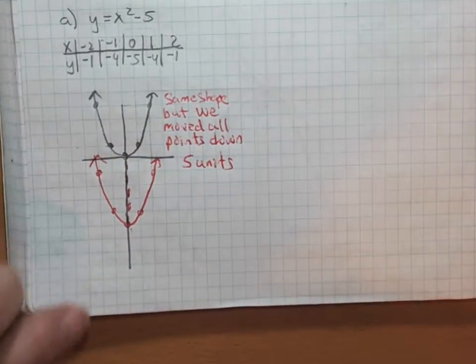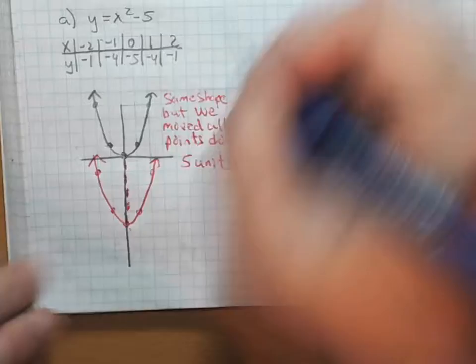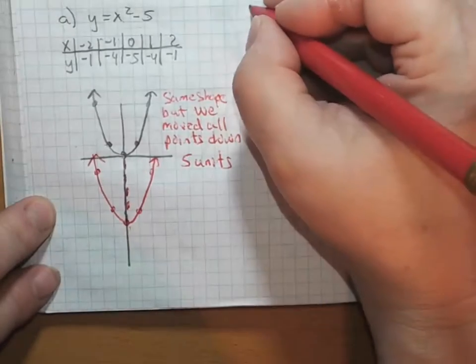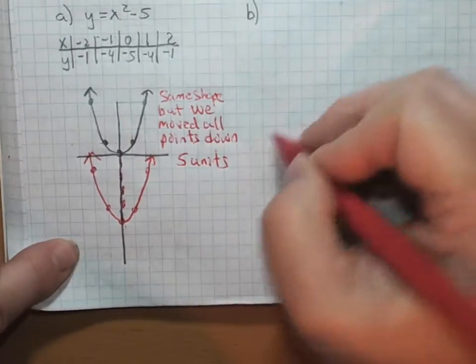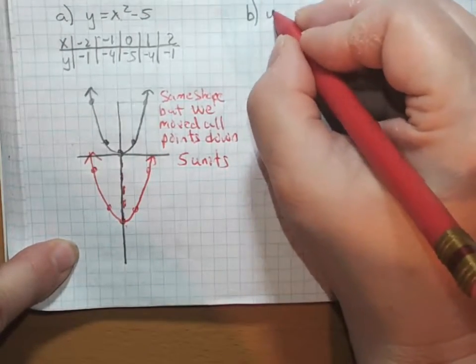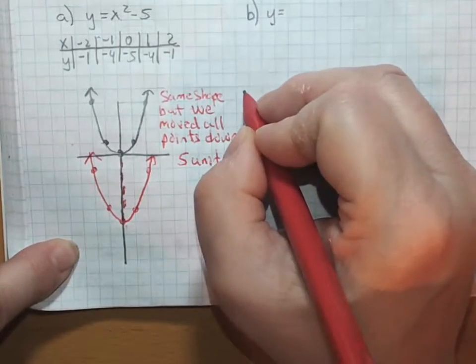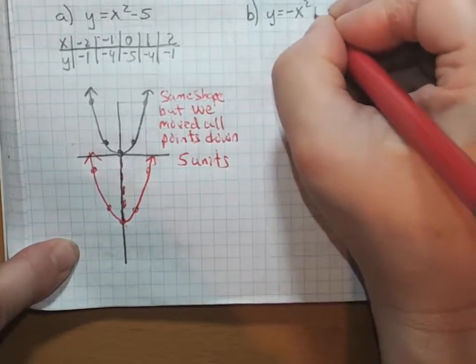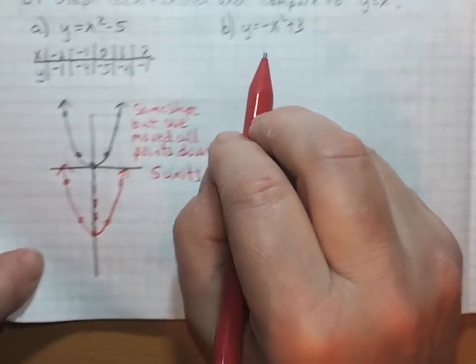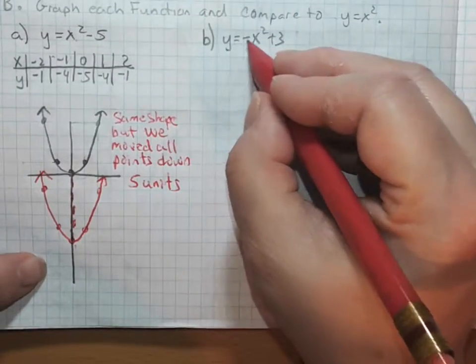Okay, so let's do another graph. Okay, so B. I do have to add 2 more graphs to fit in. So y equals negative x squared. All right, so what do you think is going to happen with that negative?